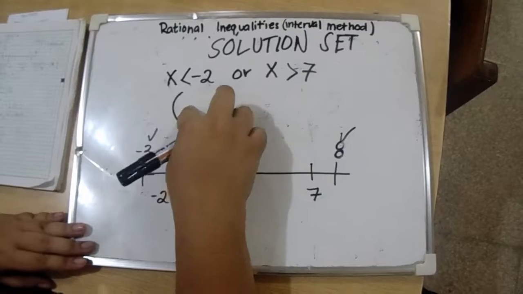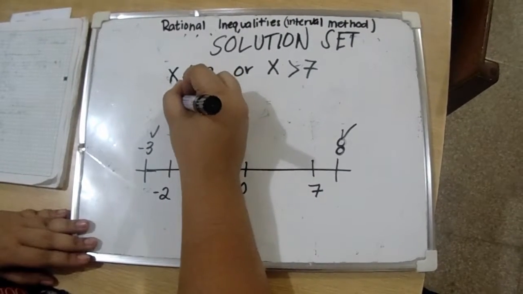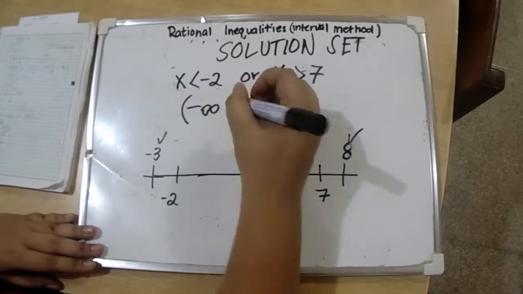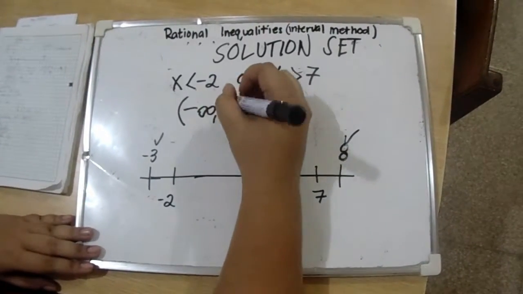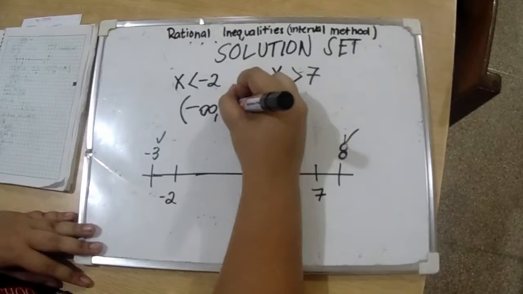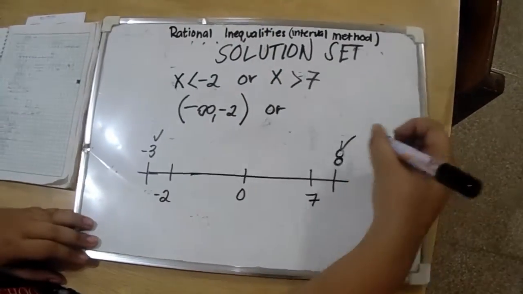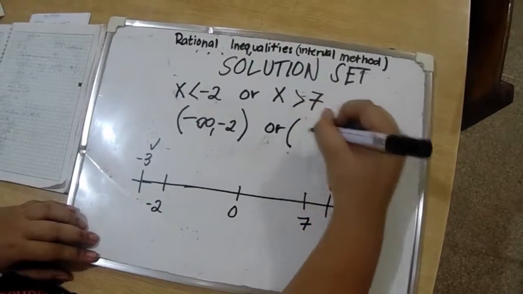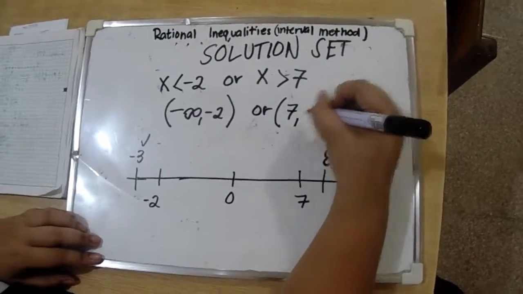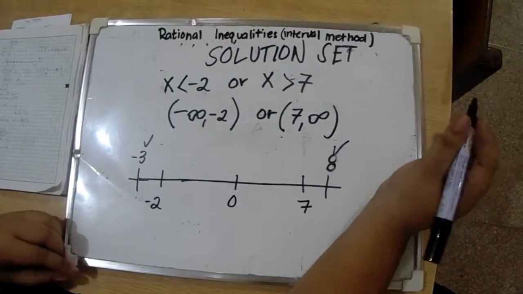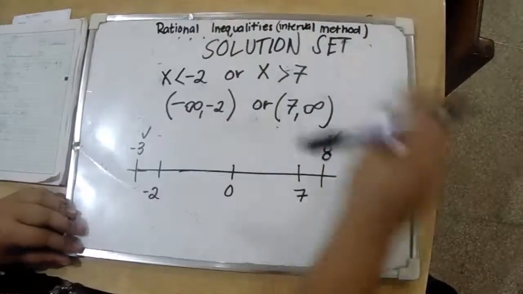So it will be negative infinity going to negative 2. And for the other side, we put 7 going to positive infinity. So that's how we get the solution of the rational inequality.